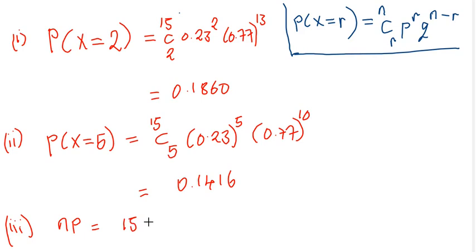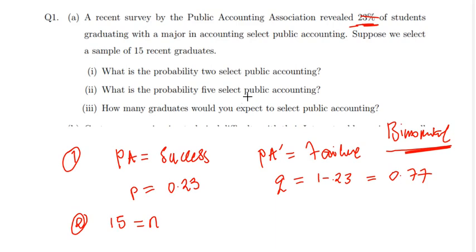The number of trials we have is 15, and the probability for success is 0.23. So we multiply 15 by 0.23, and that will give us 3.45. So we expect approximately 3 should choose public accounting out of 15.